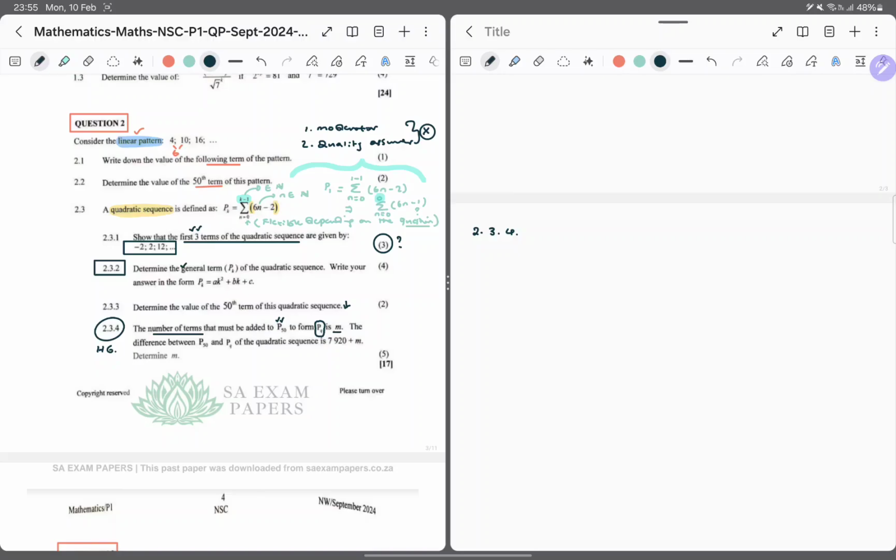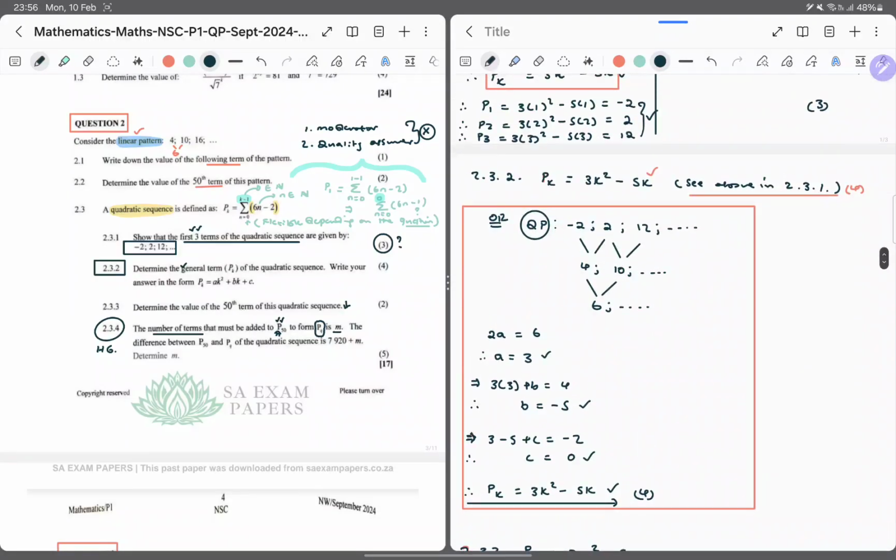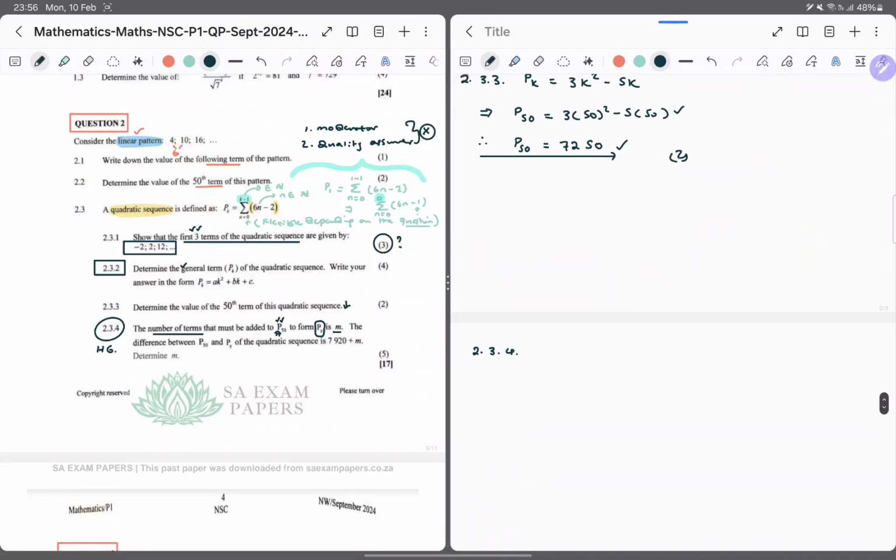Remember that. Okay, but now which terms do we add to P_50 to get another term in the sequence? Do we add the quadratic terms or is it something else? Now this is where your analytical mind needs to really come to its fore, because I don't teach you guys these things to clown around. Let's start.